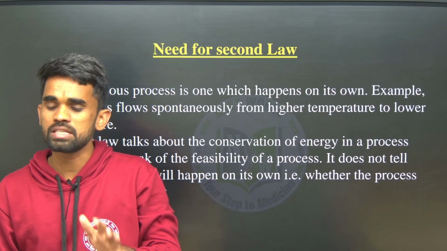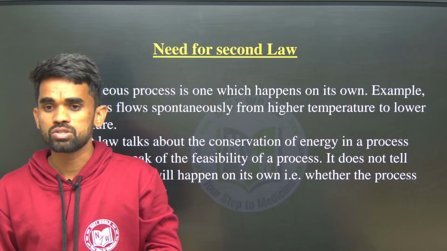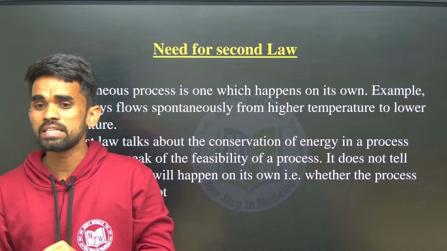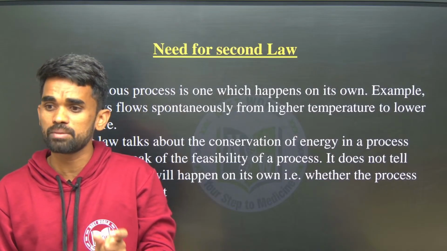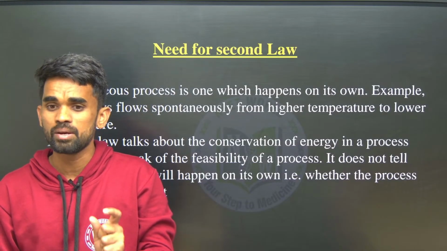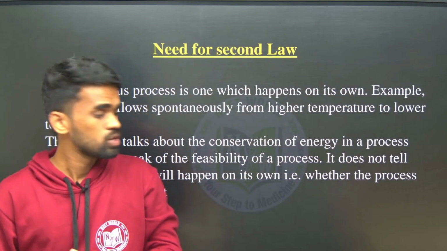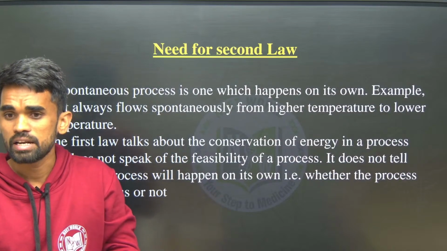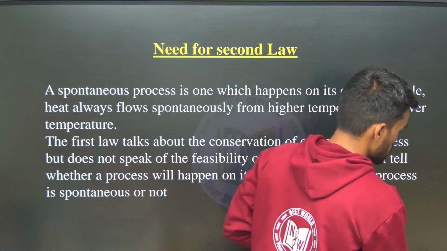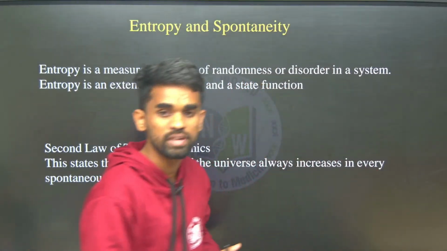So for any process you take in nature, its randomness will increase. So what is the term entropy here? It is nothing but the measure of disorder or randomness of a particular system. So for a natural process, randomness increases, so entropy increases. So by combining the first law and second law, what can we say?